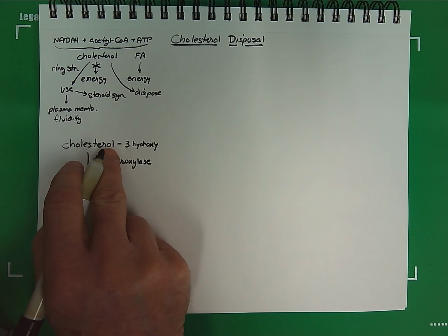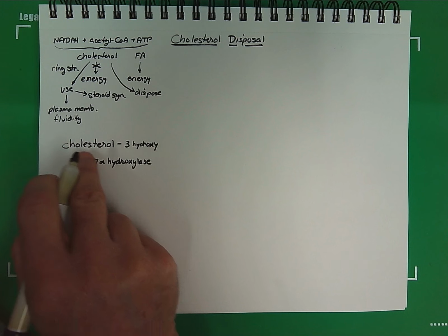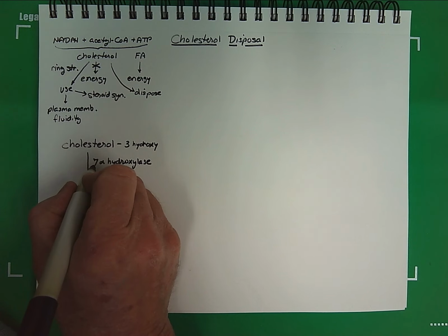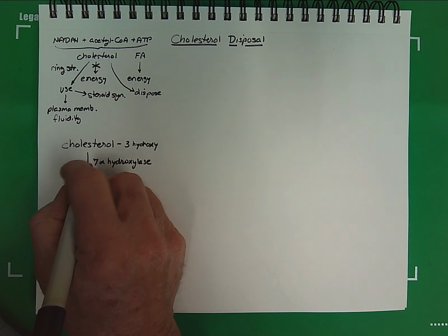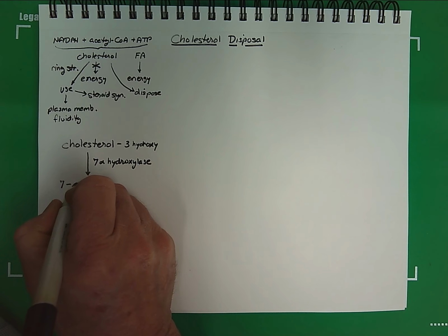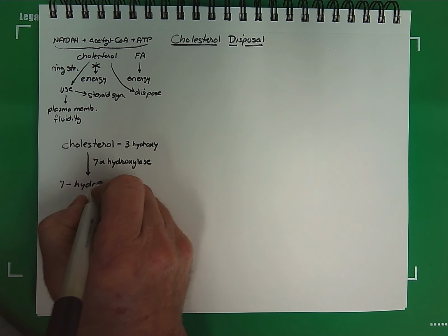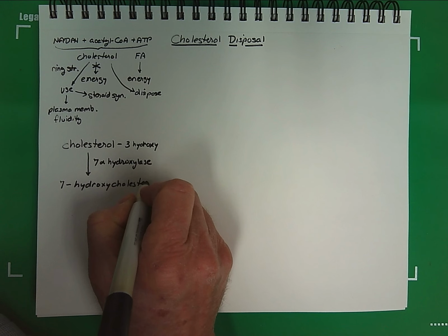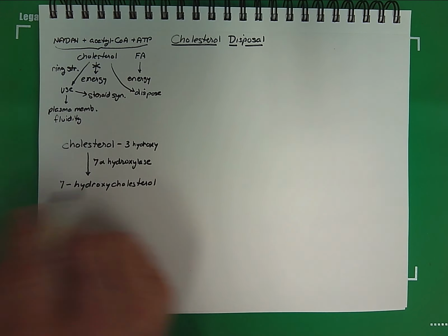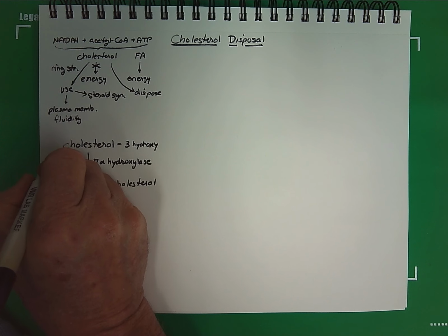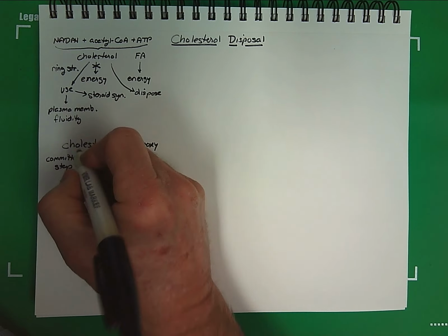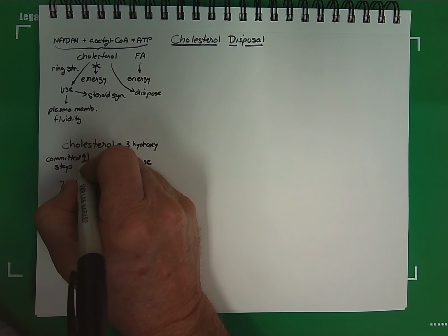The first step of cholesterol disposal is to not leave the 3-hydroxy there, but also to add another hydroxyl group. And so we are now generating 7-hydroxycholesterol. This is an important step because it is the committed step into cholesterol disposal. So this step is not reversible.